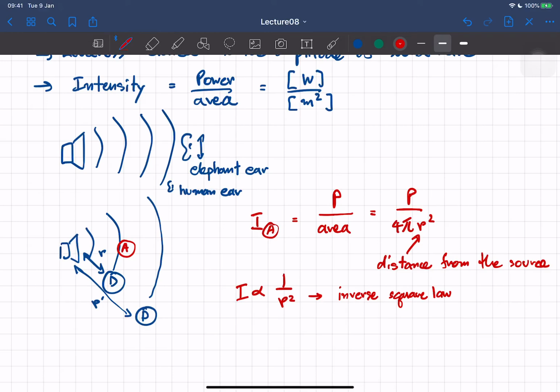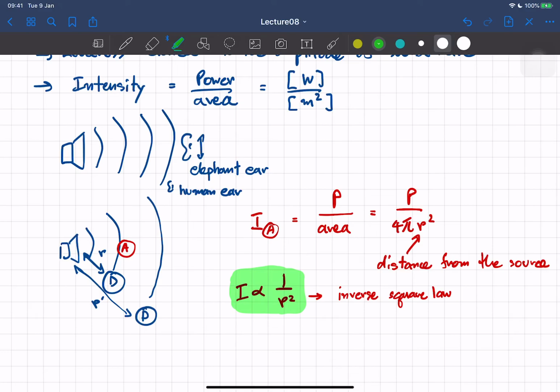Which you're going to see later also in electromagnetism after the midterm. But this is important to know because it tells you that the intensity falls as 1 over r squared instead of 1 over r or any other dependence on r.